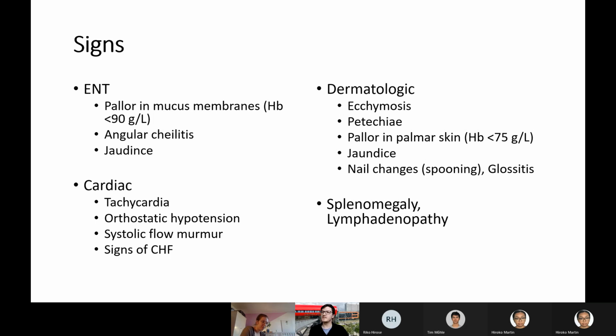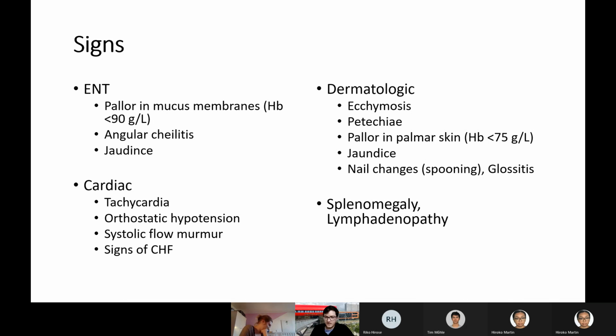Anyway, symptoms is what patients are telling us. Signs is what we as doctors identify and then put down in medical notes and share with our colleagues. So when it comes to anemia, we can easily divide it into a few subgroups, particularly ENT symptoms (ear, nose, and throat), cardiac, dermatological, and splenomegaly and lymphadenopathy.